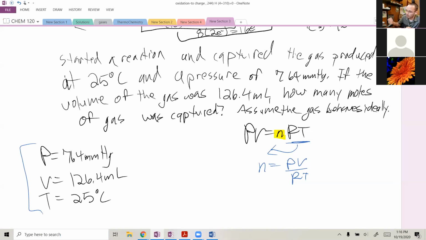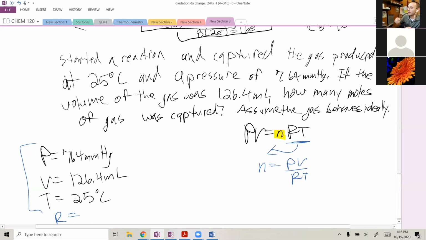And so the reason why we have to convert them is, what does R stand for? Not just the value, but what does it actually mean? R has a name. What's the name of R? It's the ideal gas constant. So it's a constant.